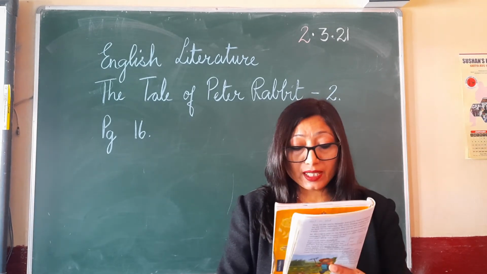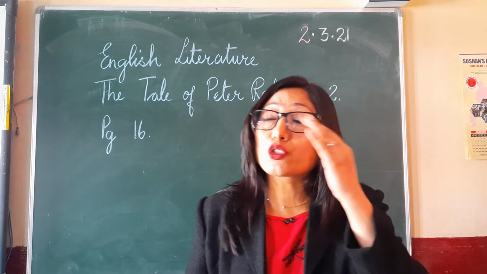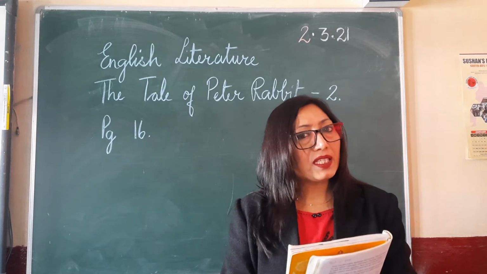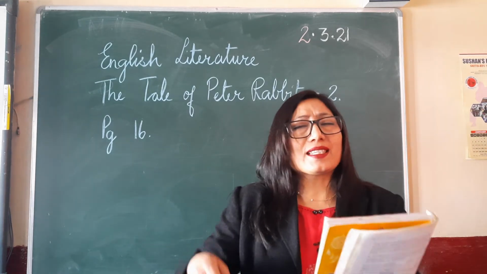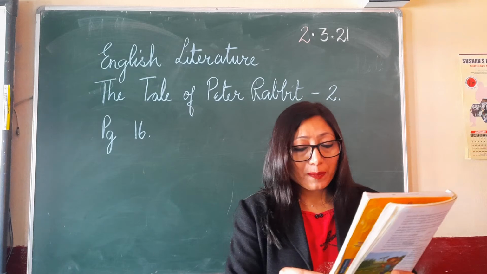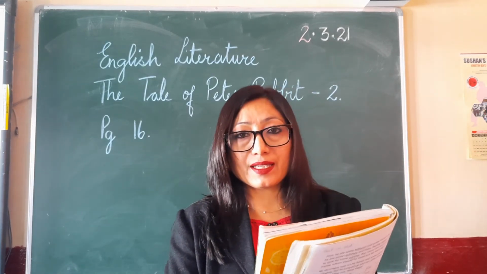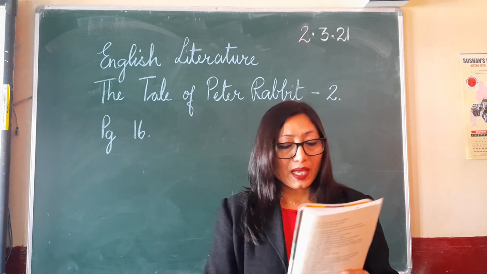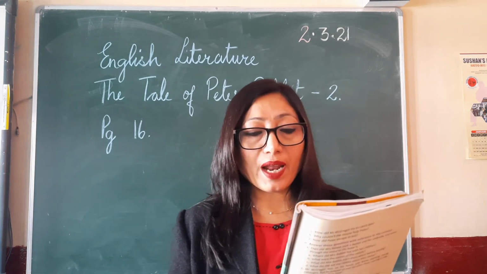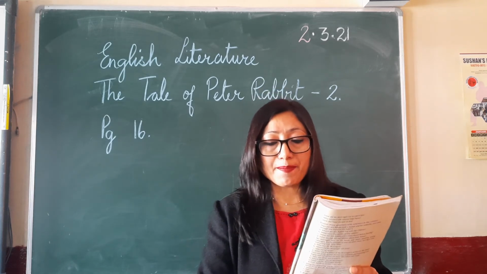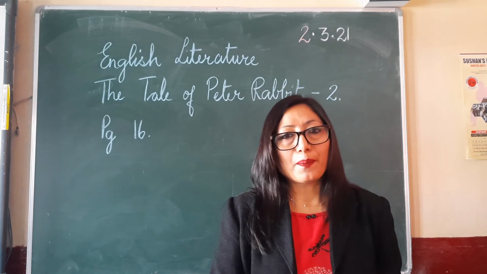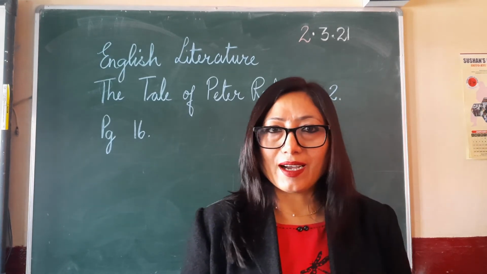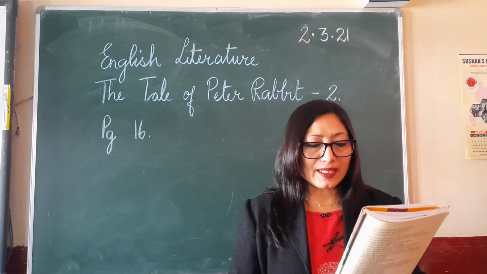So Mr. McGregor caught sight of him, saw him at the corner, but Peter did not care. He slipped underneath the gate and was safe at last in the wood outside the garden. Peter never stopped running or looked behind him till he got home to the big tree. So Peter escaped from the garden and he was very, very frightened.